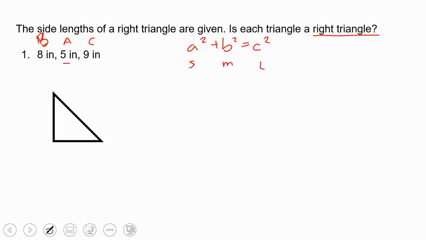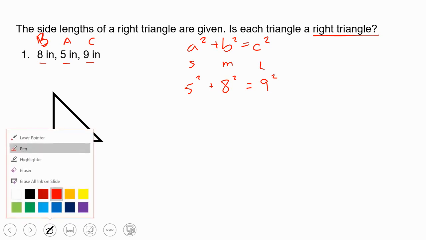This is the small, this is the medium, and this is the large. So let me take these numbers and plug them into my formula. So for my A, I'm going to plug in 5 squared. For my B, I'm going to plug in 8 squared. And for my C, I'm going to plug in 9 squared.